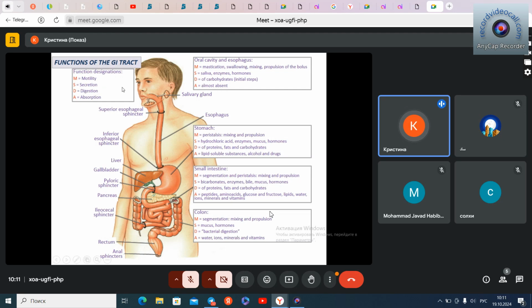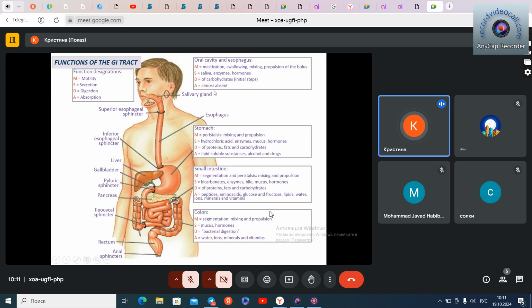The function of secretion in the oral cavity includes the production of saliva, the fluid which fills our oral cavity, also enzymes, because the saliva contains some enzymes mainly for digestion of carbohydrates, and hormones are also produced by some cells in the oral cavity.